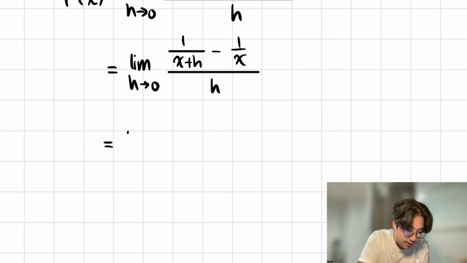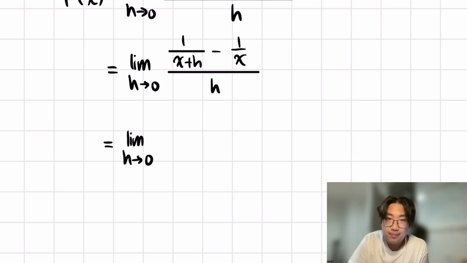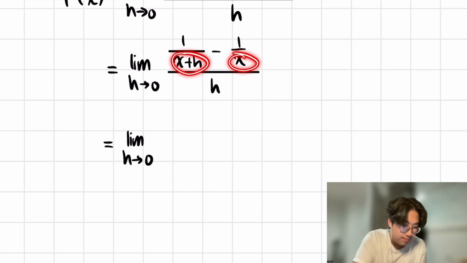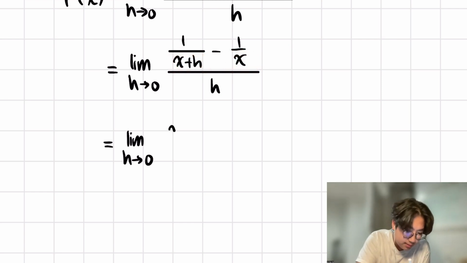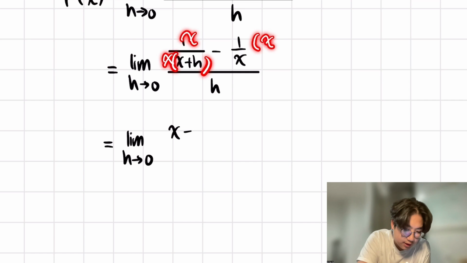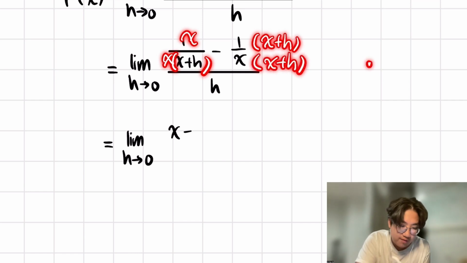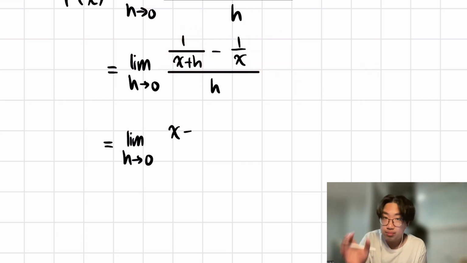So we have the limit as h approaches 0. Here, we're just multiplying, again, the top and bottom by the corresponding denominator. We effectively multiply x and x here, and then x plus h and x plus h here. So in the numerator, we really have x minus x plus h in brackets.